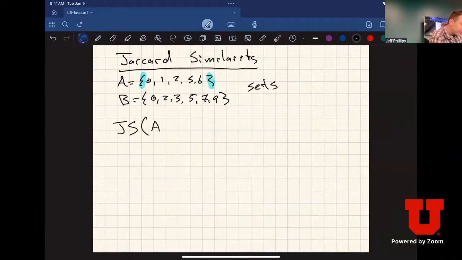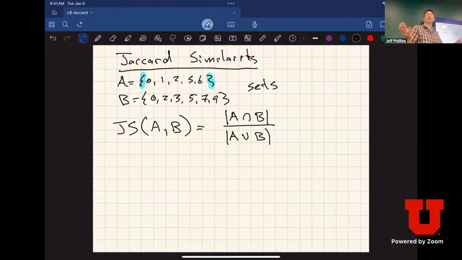And now I can define the Jaccard similarity between A and B. This is defined using some set notation. I'm going to look at A intersection B, the cardinality of that, so the size of the intersection, divided by the size of A union B. That's what the Jaccard similarity is.